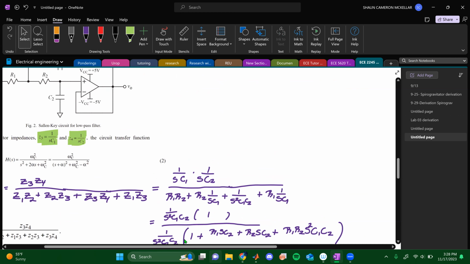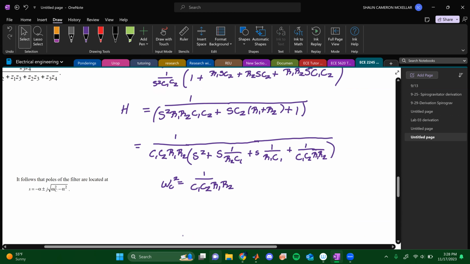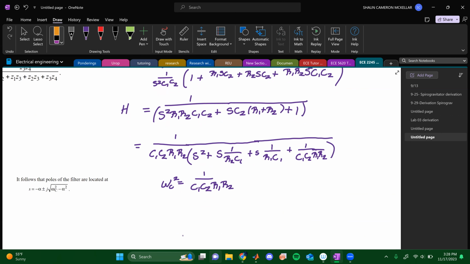I can see that I have this 2 alpha s term. So here's my s term. If I add those together, I would get (r1 plus r2) over r1 r2 c1 times s. So this is supposed to be equal to 2 alpha s.